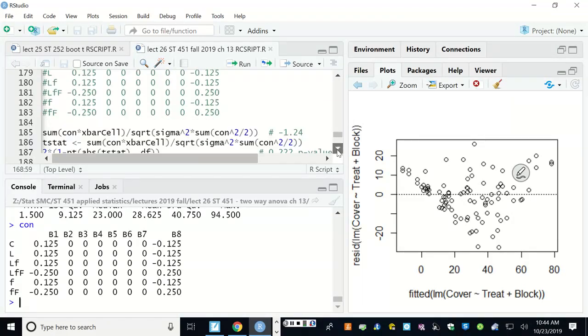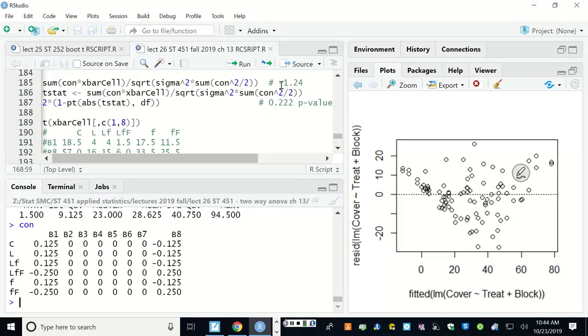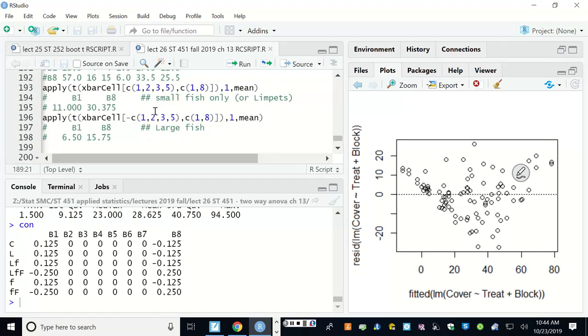That one, there it is. You do the same thing. You get a t-value that's only 0.124. It's not quite significant, right? A p-value of 0.22. Why is it? Well, if you look at the averages of small fish in the 2 ones here, B1 versus B8, there's a big block effect. This is the average with the large fish.